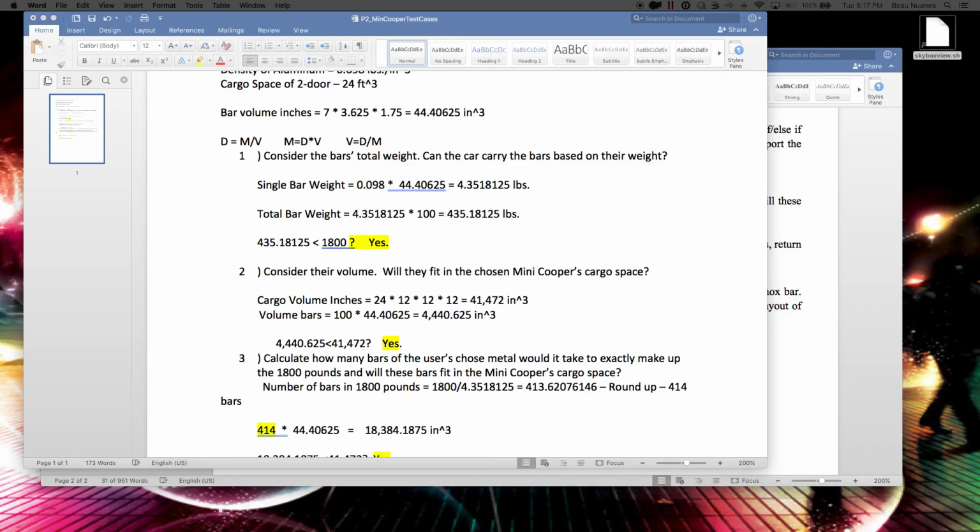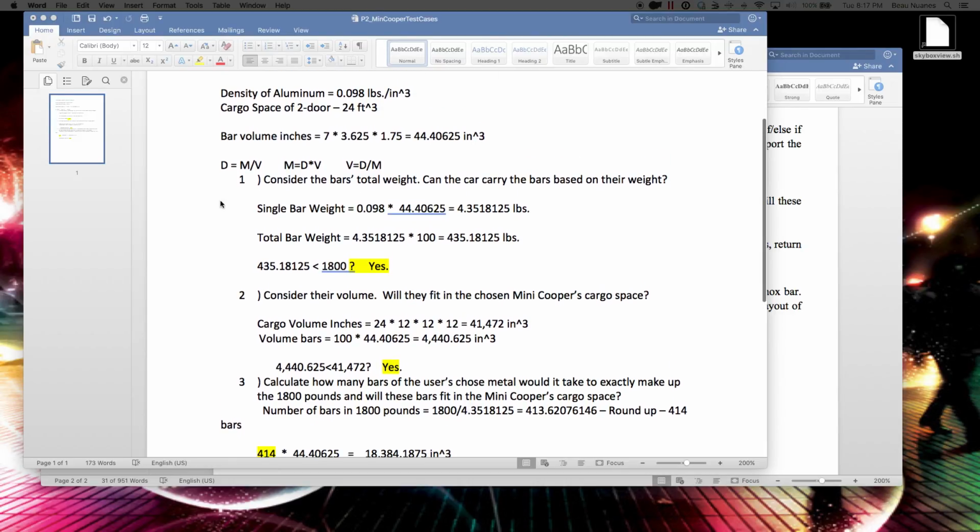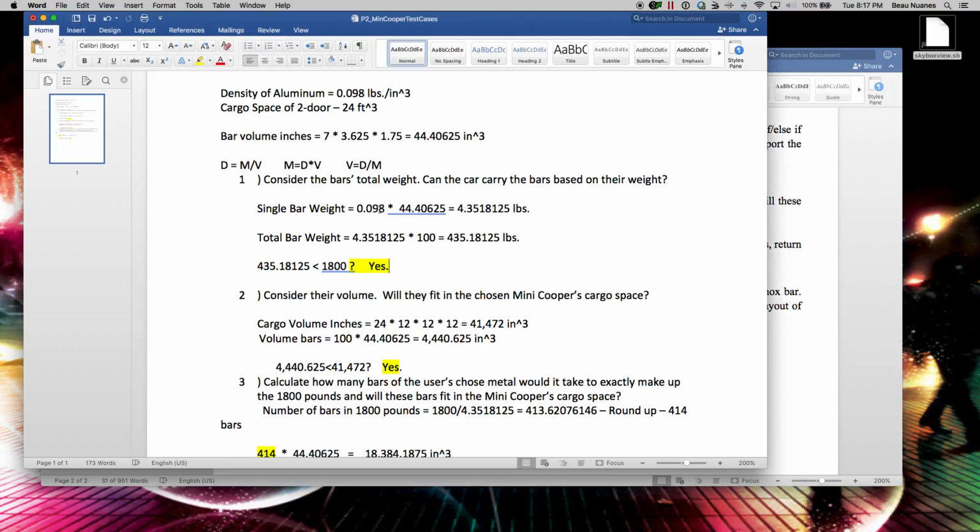Okay. My mic cut out when you were mentioning the three equations up top, the D equals M divided by V. What was the next one again? That's just a density equation, right, for mass and volume. So we end up using that mostly when we're calculating the total weight. When you calculate the weight, M equals D times V, we don't have the mass, but we have the density of aluminum here, which is 0.098.